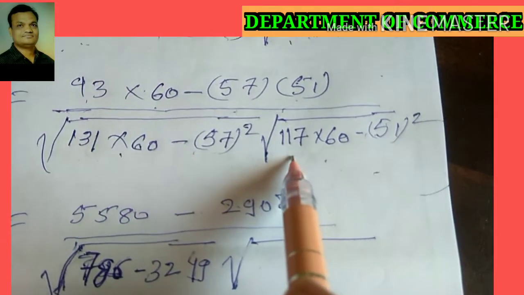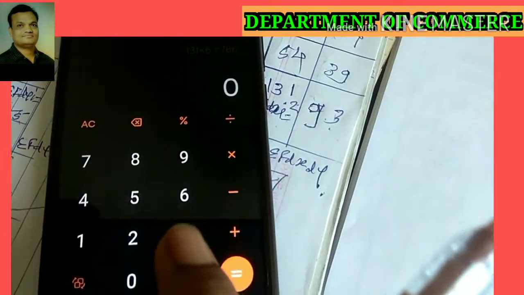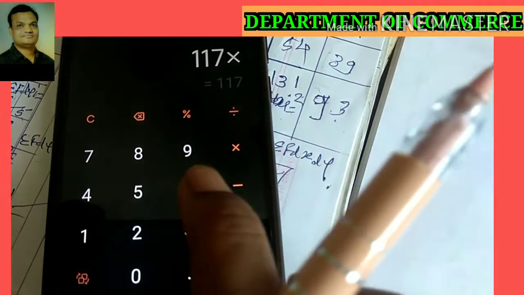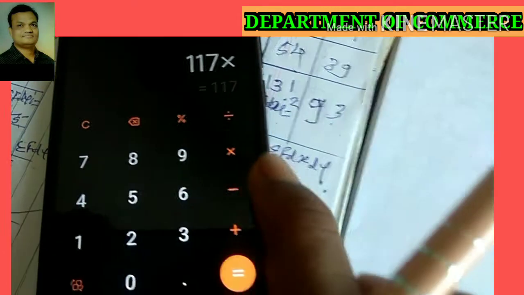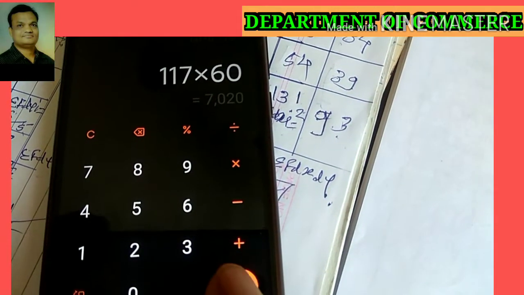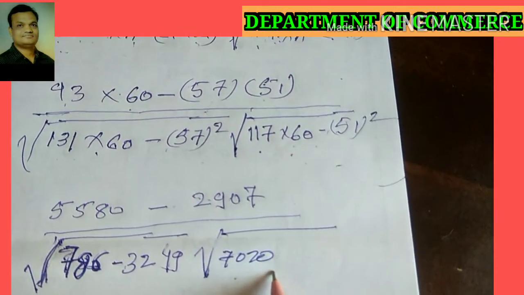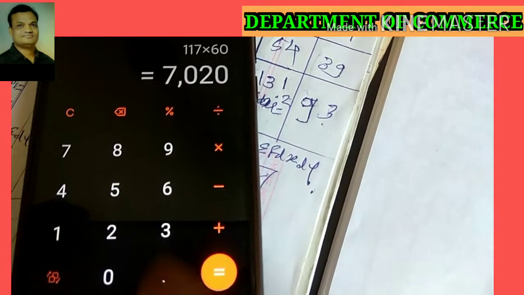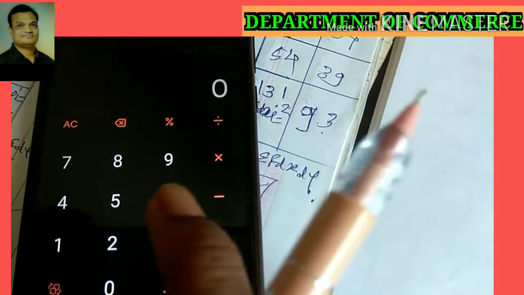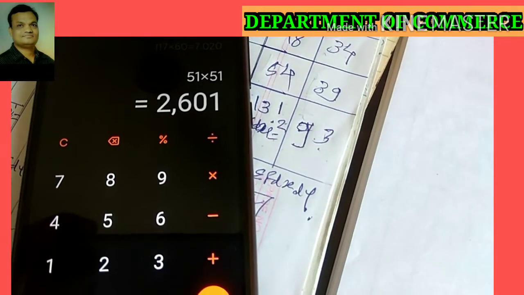Now 170 into 60 is 7,020, minus the square of 51, which is 2,601.